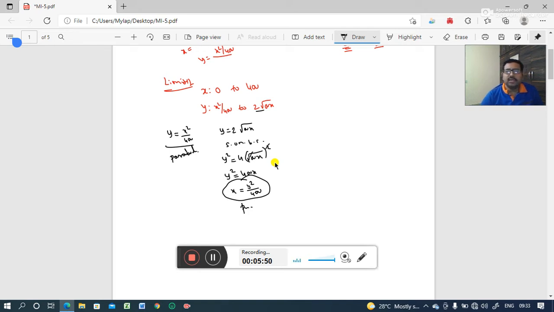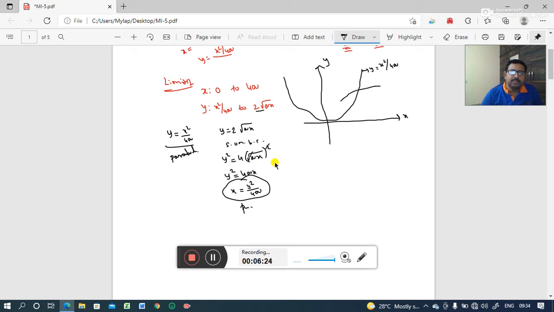So with this data, let us draw the x axis and the corresponding y axis. Your lower limit is the parabola symmetrical about the y axis, so you get this parabola, y equals x square by 4a, and your second parabola is x equals y square by 4a, which is symmetrical about the x axis.